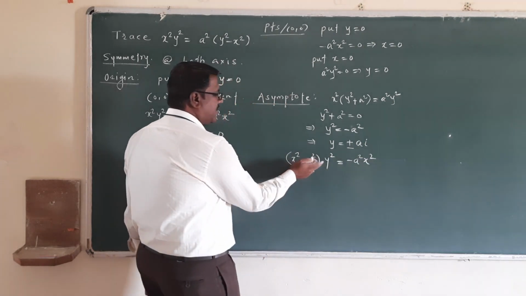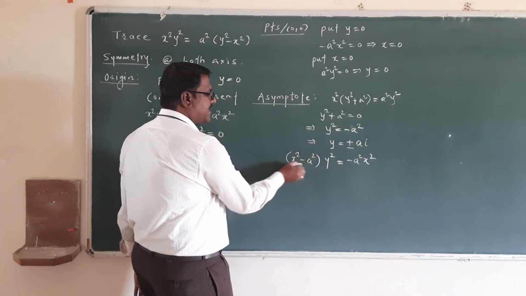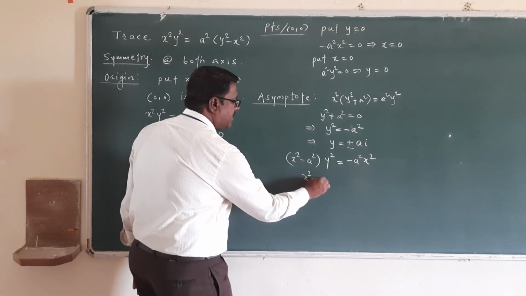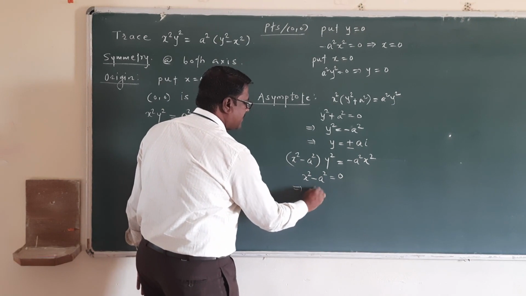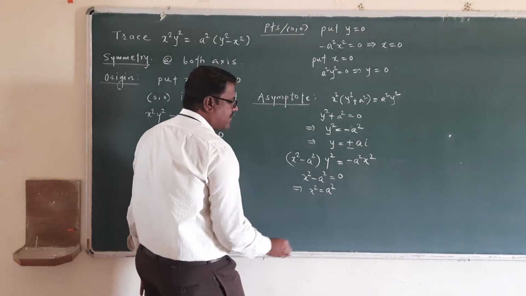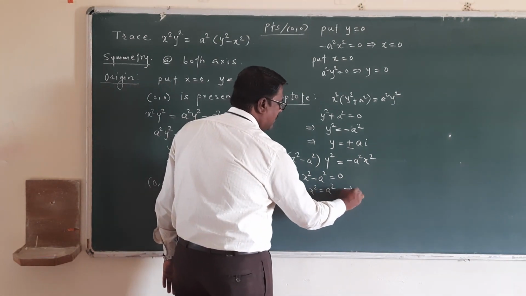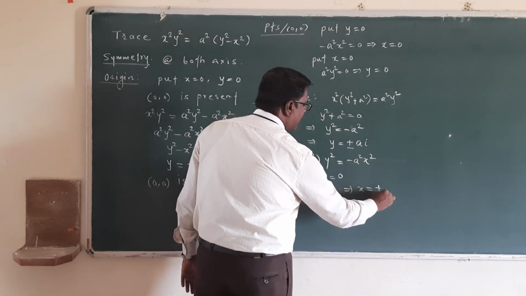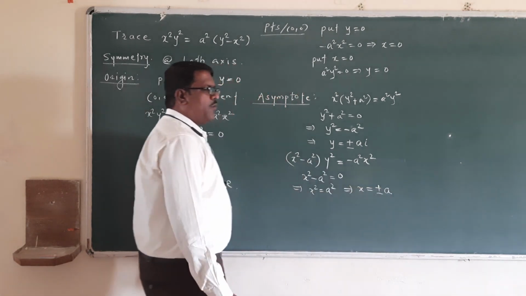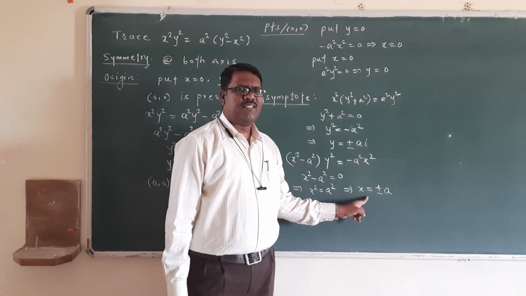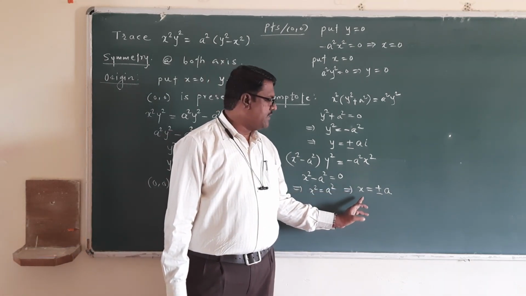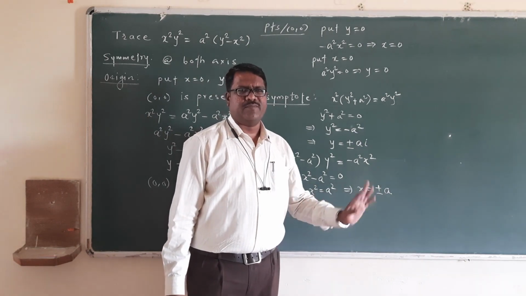So the coefficient of highest power of y is x square minus a square. Put it equal to 0, and this implies x square is equal to a square, and therefore x is equal to plus or minus a. So for the given curve, there are two asymptotes. One is x is equal to plus a, and second is x is equal to minus a.